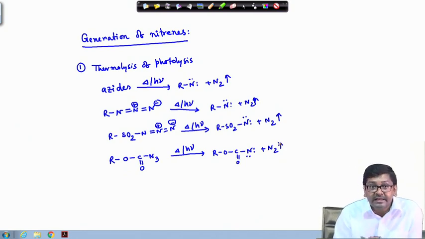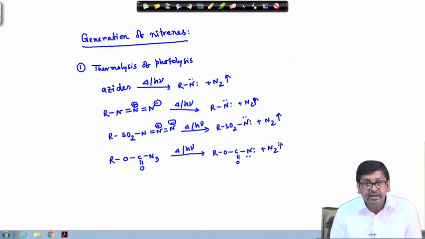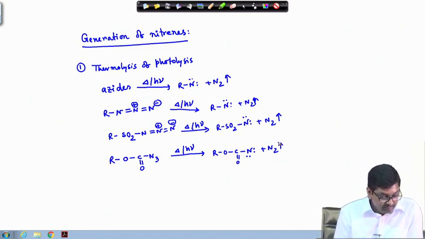So, in all these cases we can generate the required nitrene as a reactive intermediate through thermal or photochemical irradiation. Okay. And these are all very short-lived species which are very much reactive.